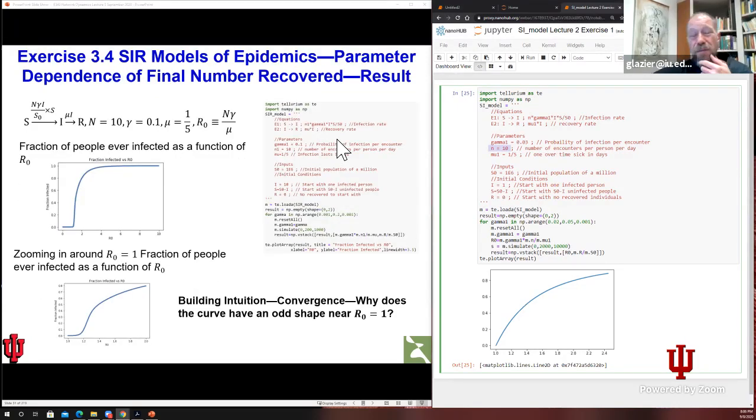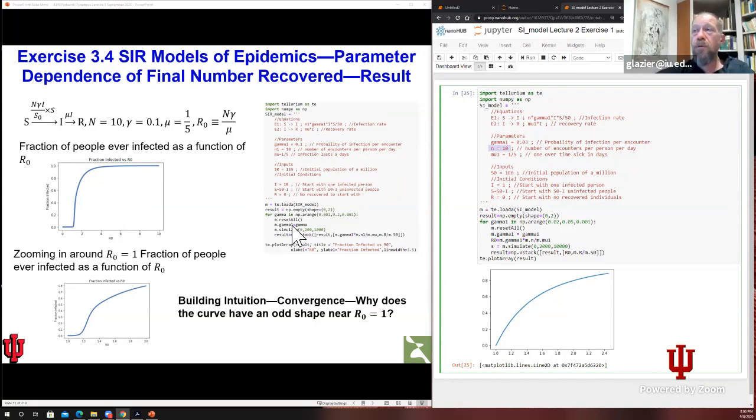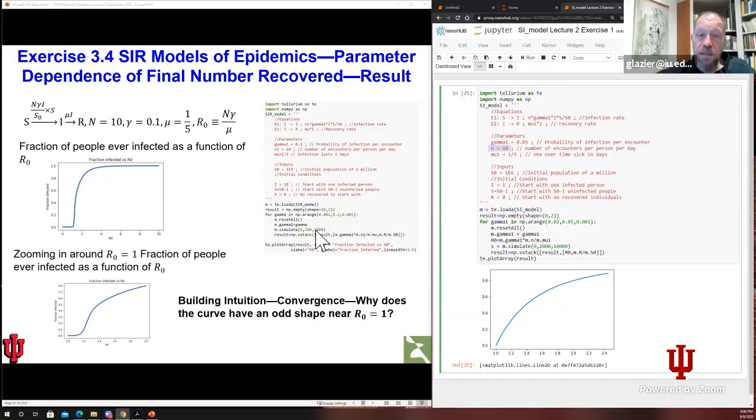So this was really a problem about the issue of doing numerical computation. What we did was we ran the simulation for 200 days, and said at the end of 200 days, our people are infected. So R divided by the population is a fraction infected.